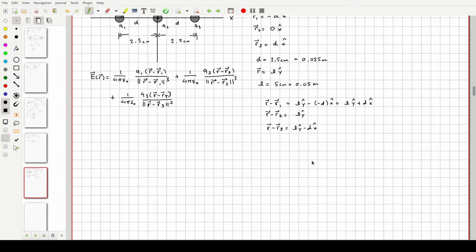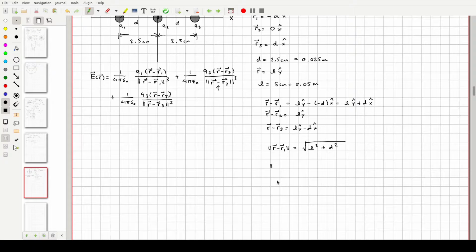Now let's talk about the lengths, because this is a length cubed. What this really means is that I use the Pythagorean theorem to basically find out what the length of this vector is, and then I take that length and then I cube it. Okay, that's what this means. Okay, so the length here of R minus R1 is, if I look at the components here, the square root of the sum of the squares of the components, L squared plus D squared.